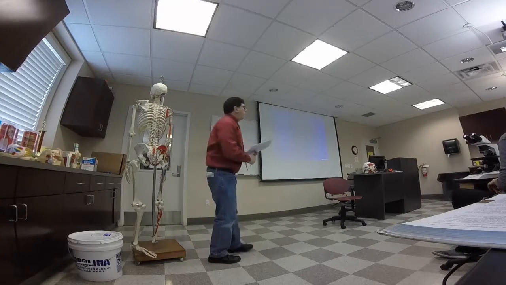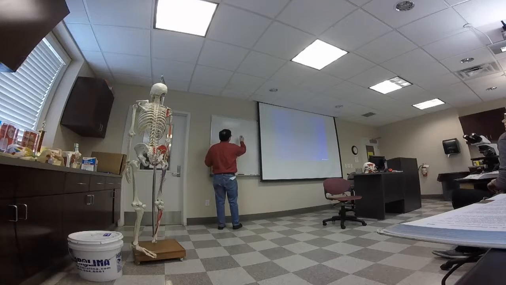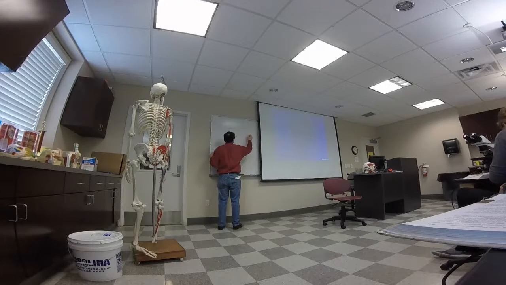All right? Hopefully you remember that. What do we call this dome-shaped region here? That's called the fundus. Anytime you have a dome-shaped region of any organ, it's called a fundus.